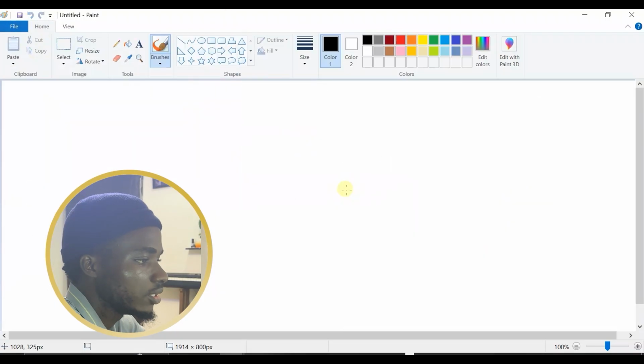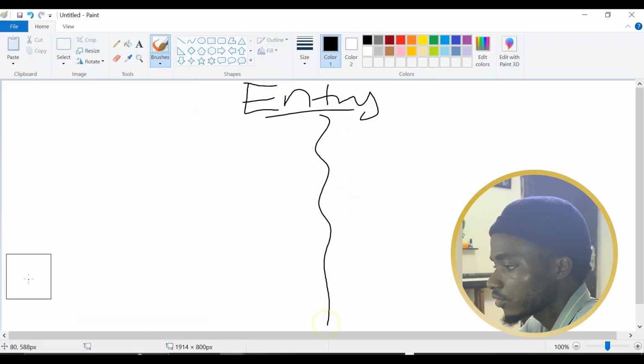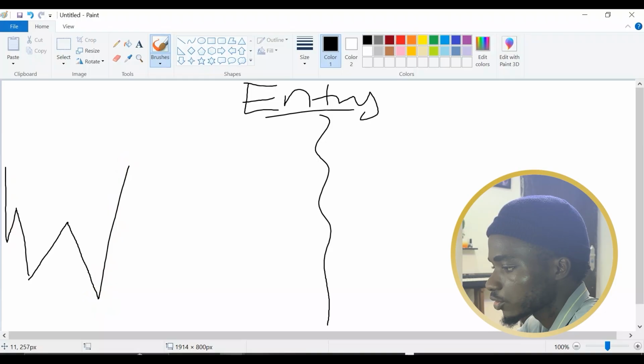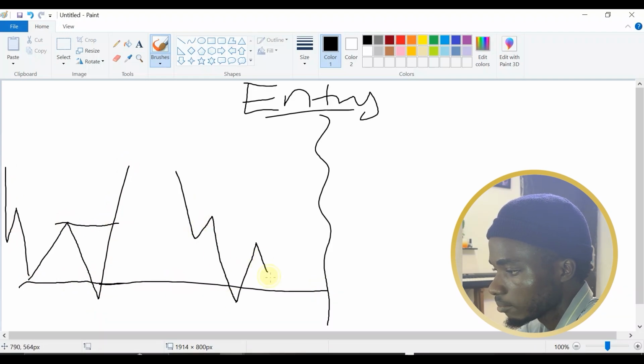So for your entry model, this is what you want to look out for. Now this is the setup you want to look out for. You want to wait for something like this, a liquidity sweep like this, and the market structure shift. This is what you want to look out for if you are going to take a long. You want to wait for something like this or something like this, a market structure shift.